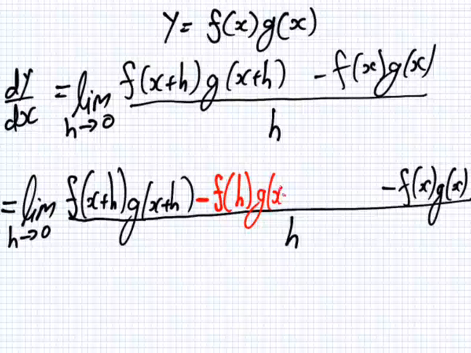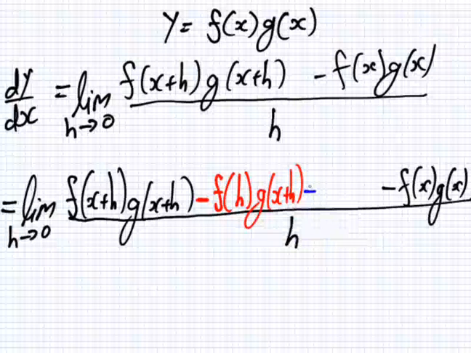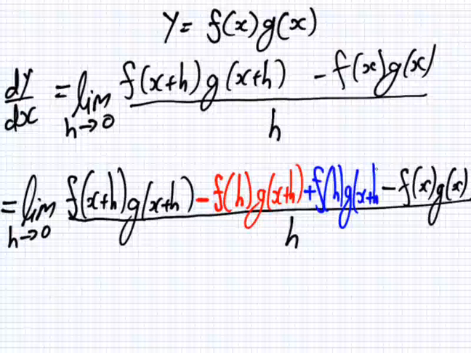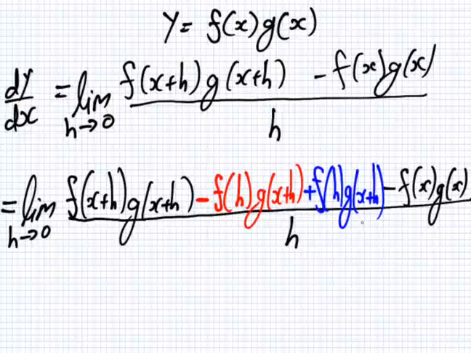The definition is f(x+h) g(x+h) minus f(x) g(x), all over h. Yes, this is the definition. Let's see if we can simplify this. You'll need to write this down. And the limit as h goes to 0.